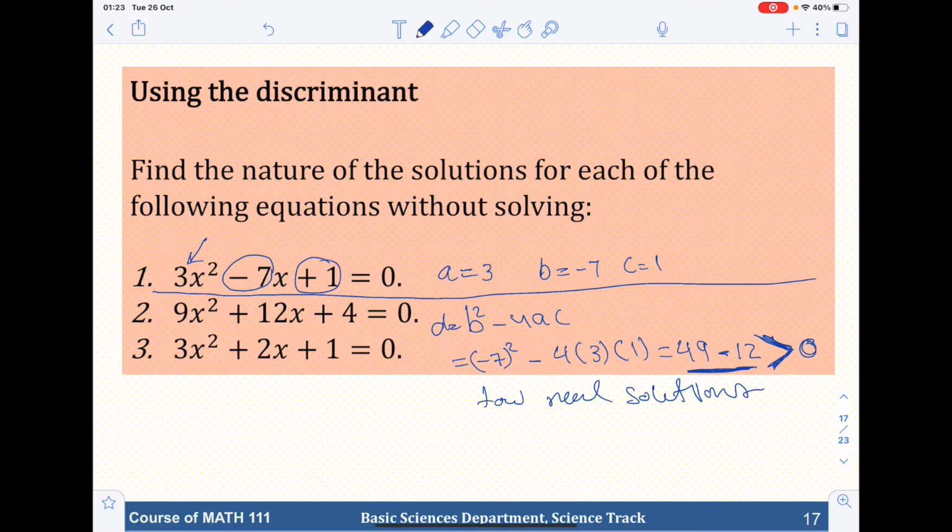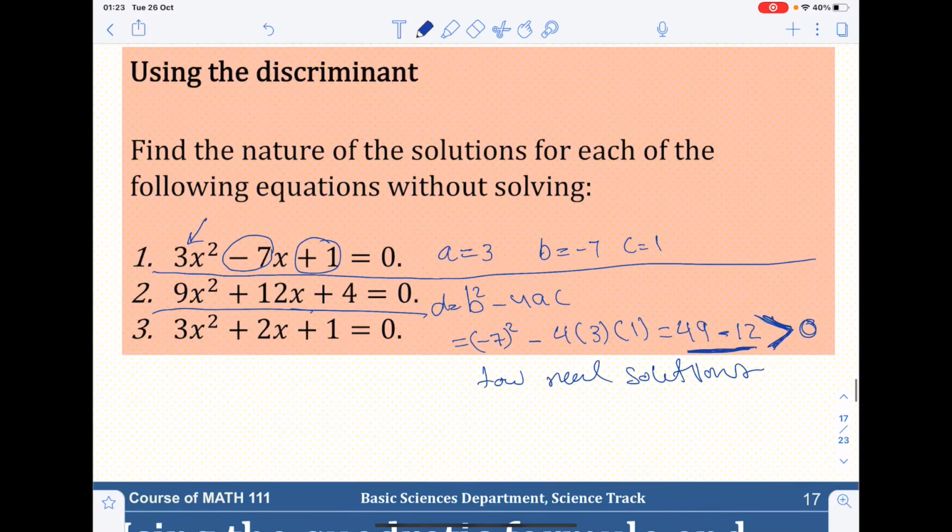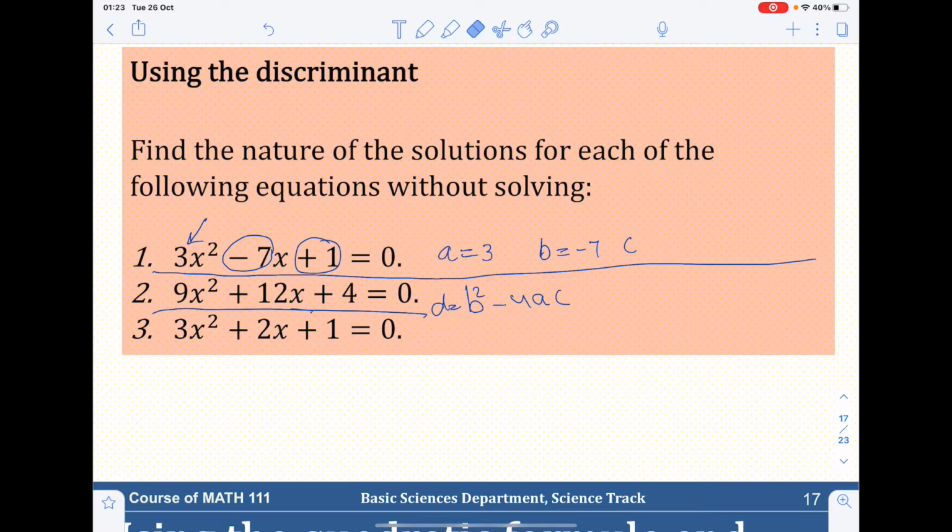Okay, now let's see the second question. This one. So in this one, I will just erase. So the same things, I have to recognize what is a. a is 9, b is 12, c is 4.